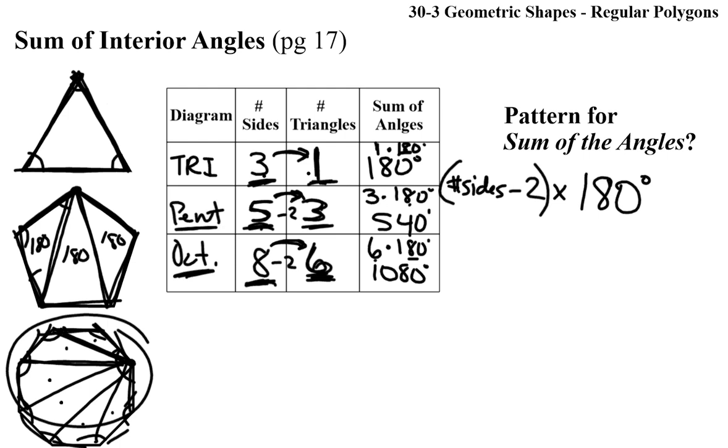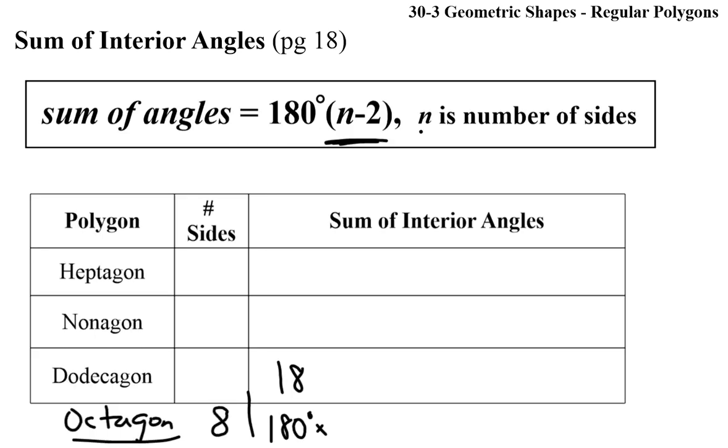Well, if we go back, the octagon had 6 triangles. So what we need to do is 180 times 8 sides in an octagon, subtract 2, which tells us 180 times 6, which was the 1080 degrees that we got on the other page.